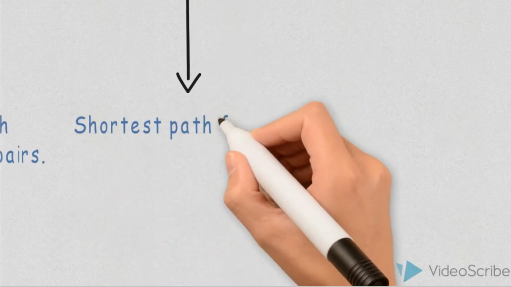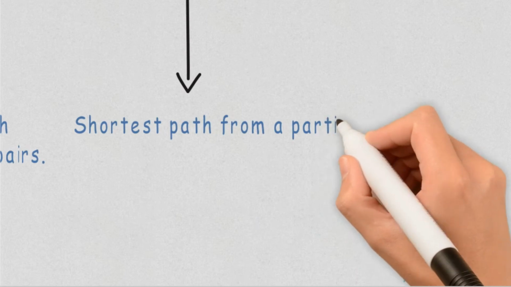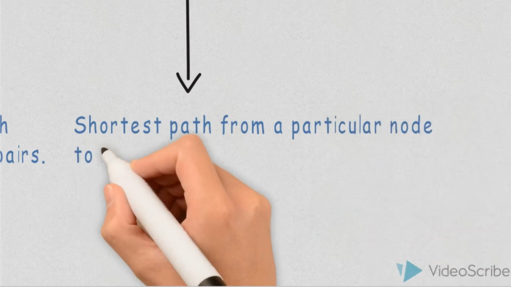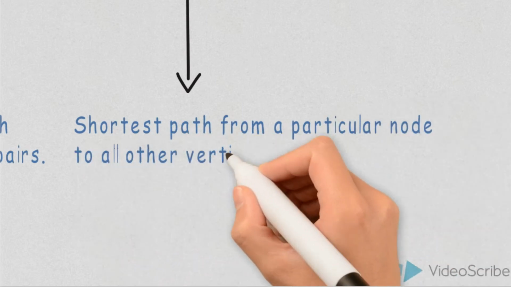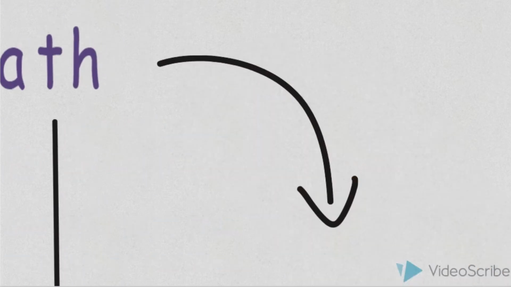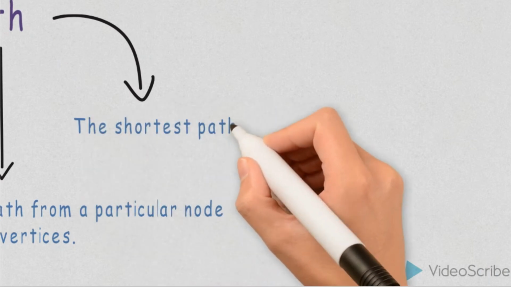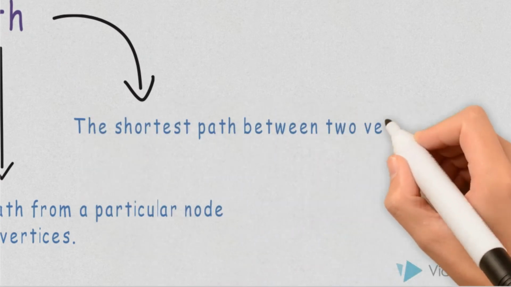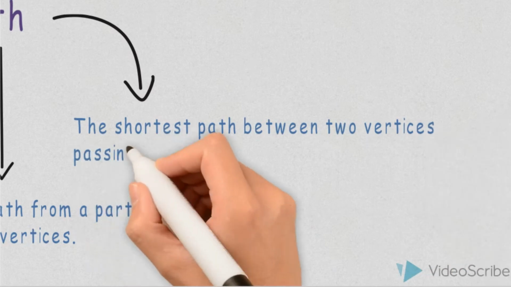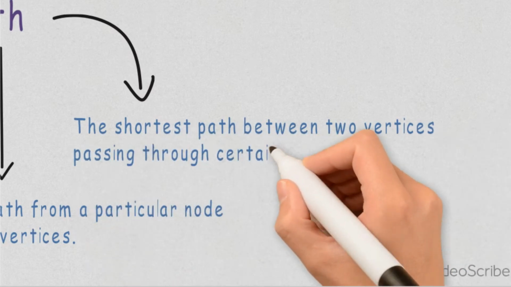Type 3 is the shortest path from a particular node to all other vertices. And type 4 is the shortest path between two vertices passing through certain vertices.